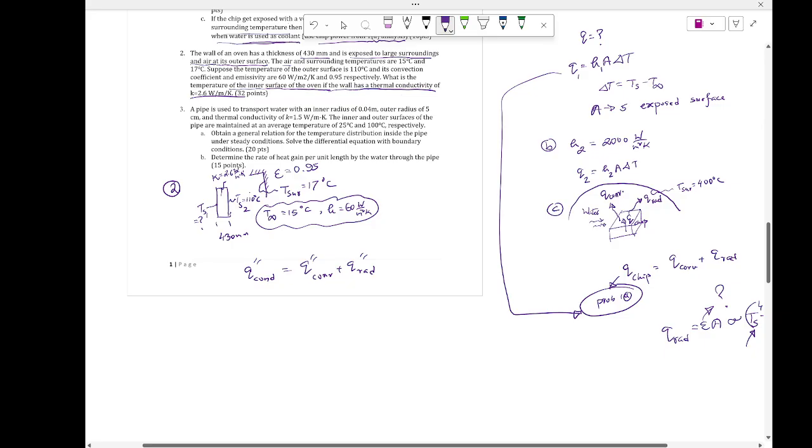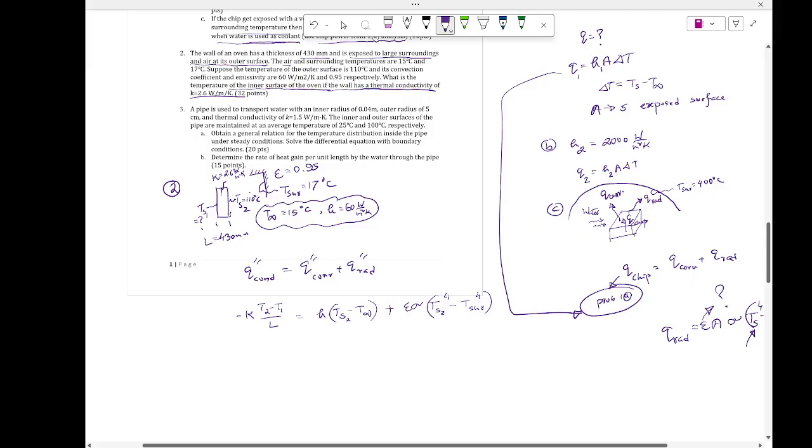All right, then here's the thing. You write this equation: minus k times (T2 minus T1) divided by L, where this is my L, equals h times (Ts2 minus T infinity) plus epsilon sigma times (Ts2 to the power 4 minus T surrounding to the power 4).